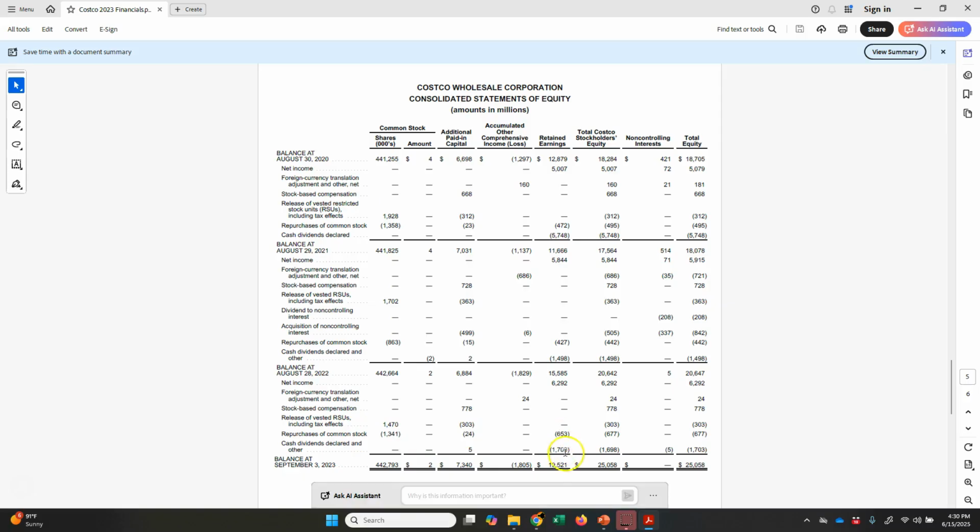But you can say that both of these two are dividends, essentially. So we're taking the starting balance, we're adding the net income, we're subtracting the dividends, and we're getting an ending balance for our retained earnings. So this column here is essentially the statement of retained earnings. And then, so remember this, 19.521 billion.